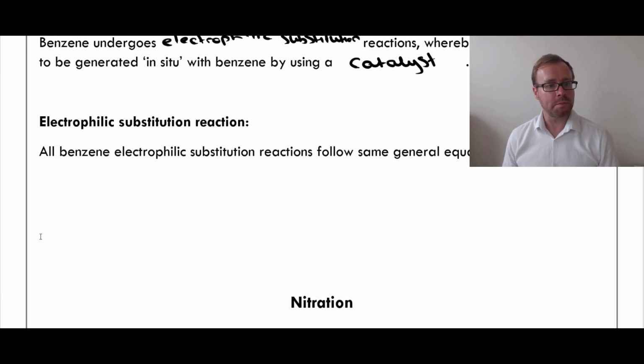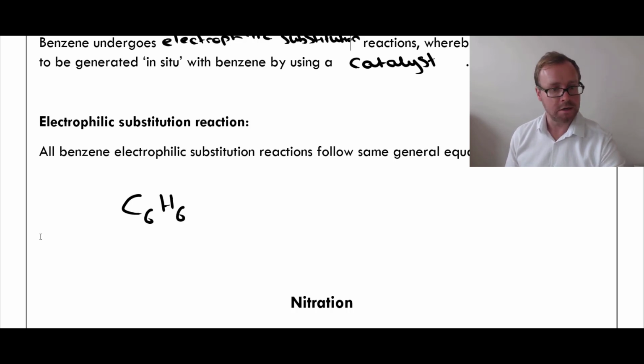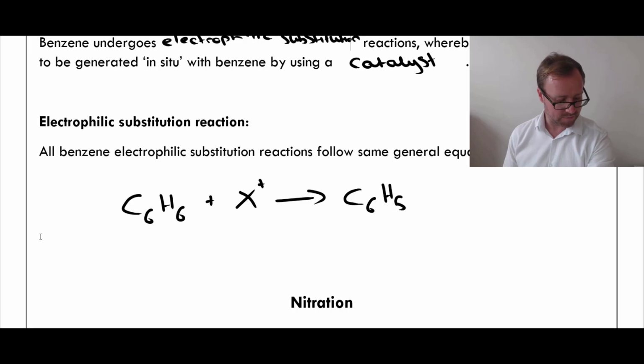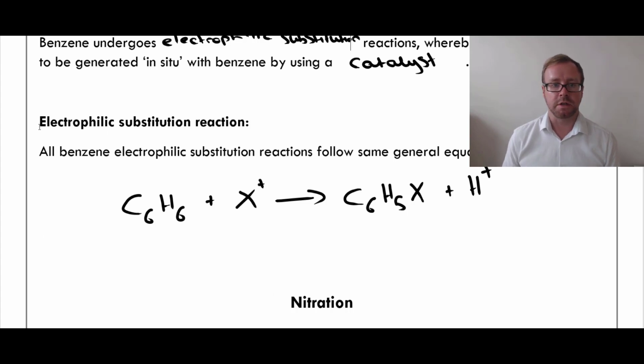All benzene electrophilic substitution reactions follow the same general equation: C6H6, which is the molecular formula for benzene, plus X+, which is my electrophile, forms C6H5X, and we have removed an H+.